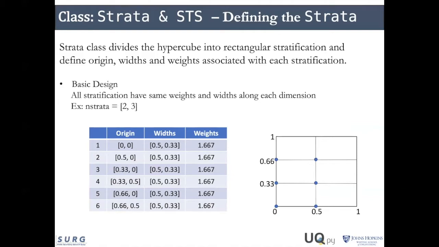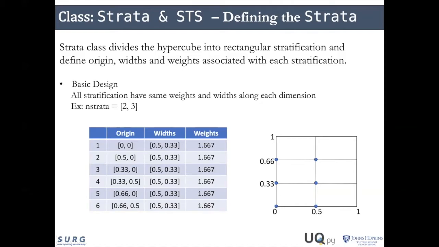The output attributes, which are origin, width, and weight, are like this. Corresponding to each strata, we have its origin, which is the left bottom coordinate, and widths are basically the length of that strata along each dimension, and weight is basically the product of the widths in this case.